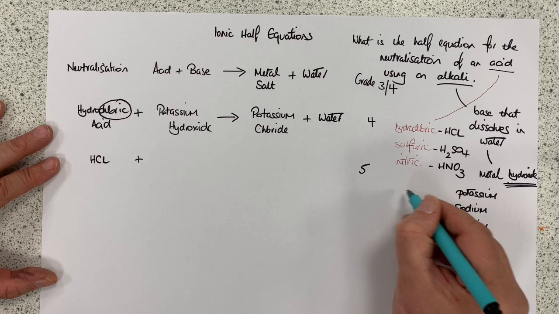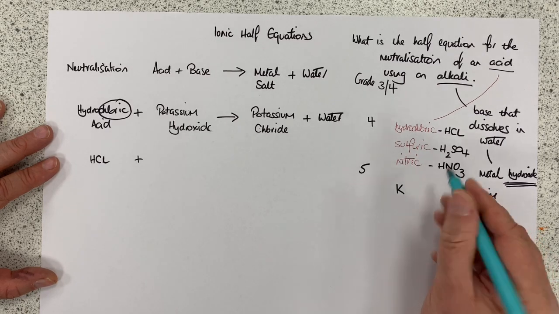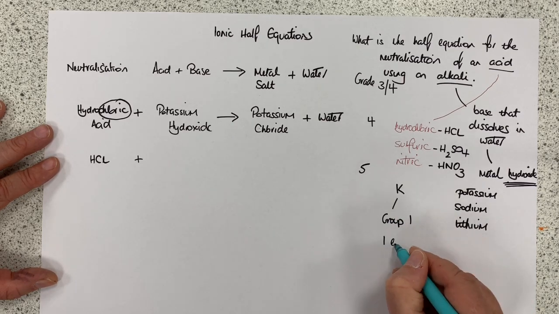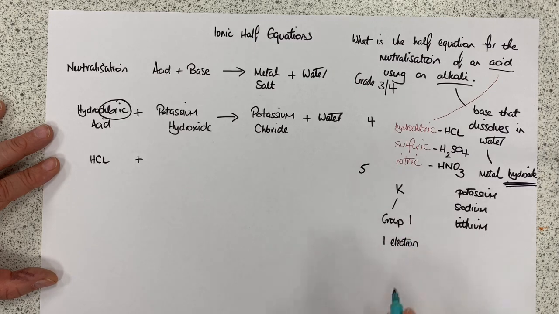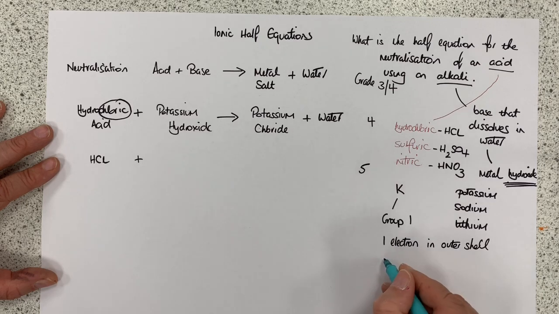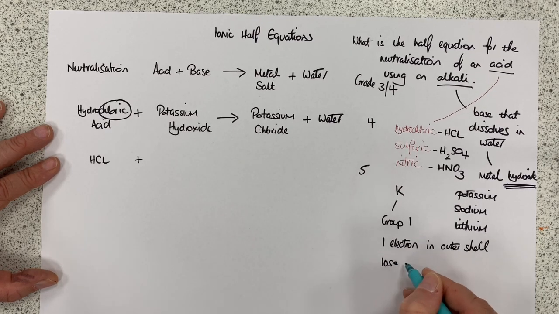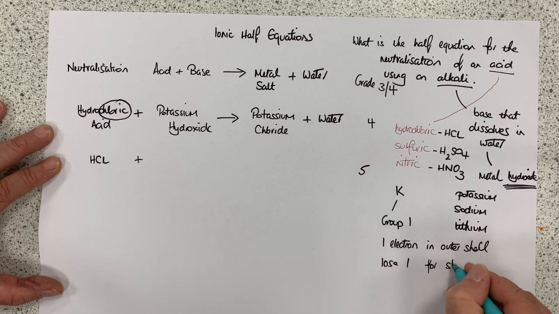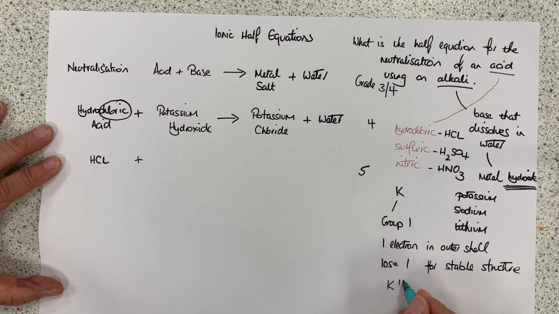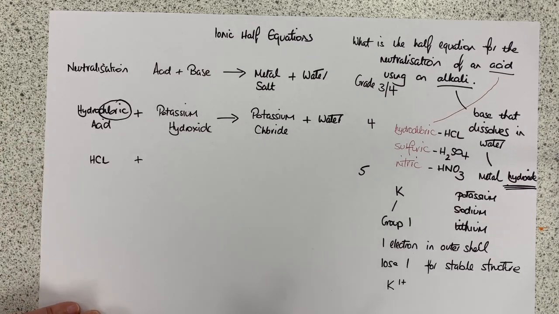Well, potassium has the symbol K. Potassium comes from group 1, which means it's got one electron in its outer shell, which means it needs to lose one for a stable structure, which in turn means it's going to form a K1 plus ion. But remember, in chemistry, when there's only one involved, we don't write the one. So it's just K plus.